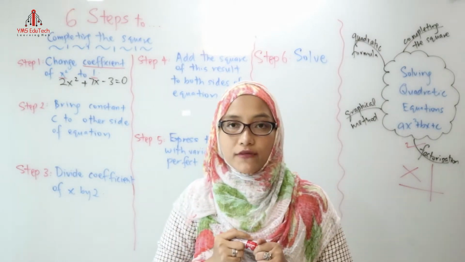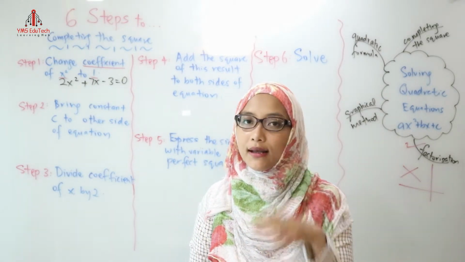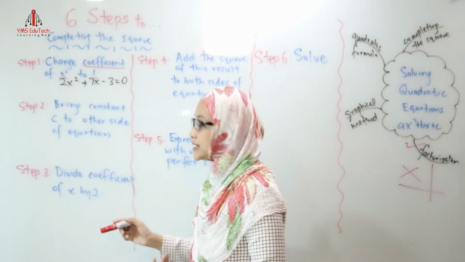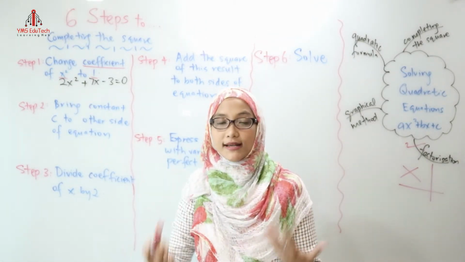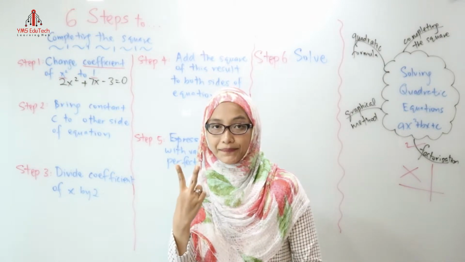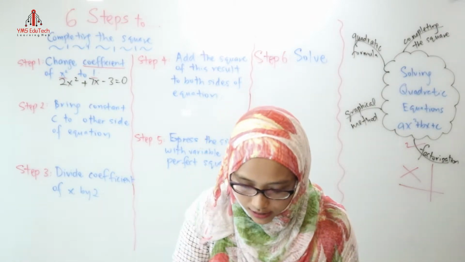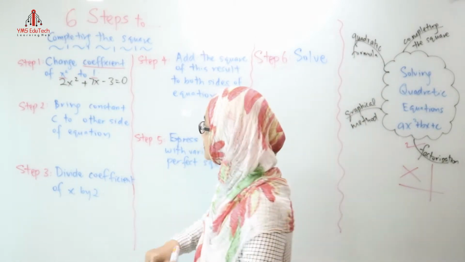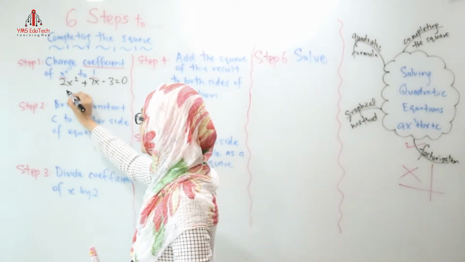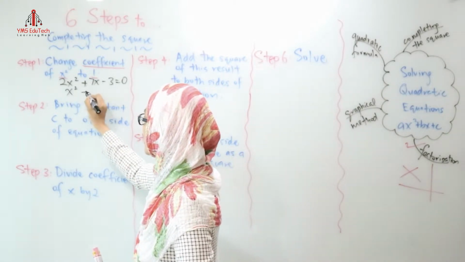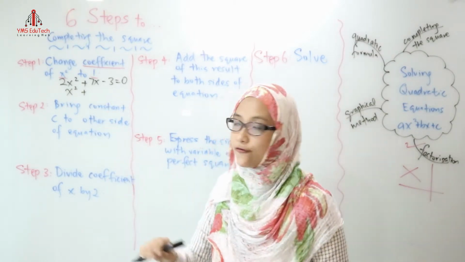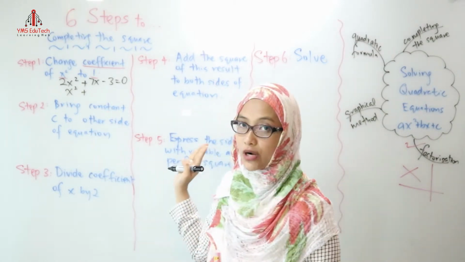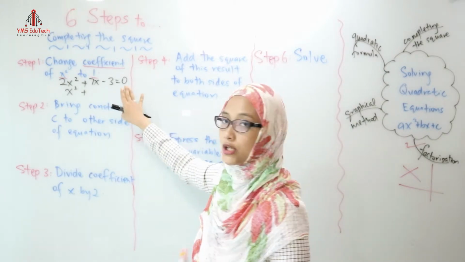In order to do that, we need to divide our 2x squared by 2. We don't just divide the x squared by 2, we have to divide everything by 2 throughout, so as to balance the equation.